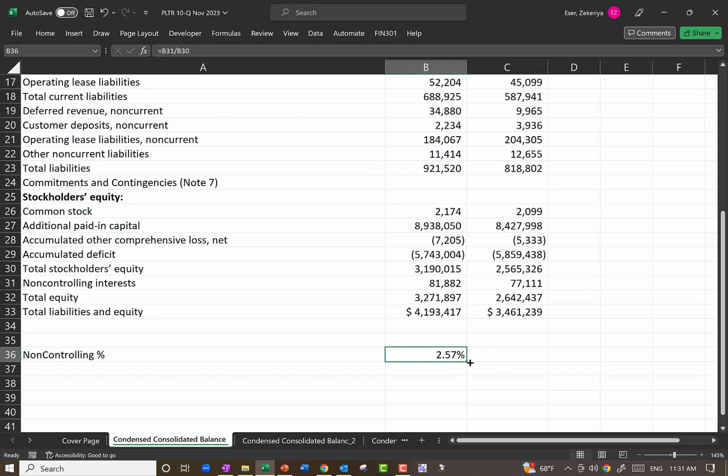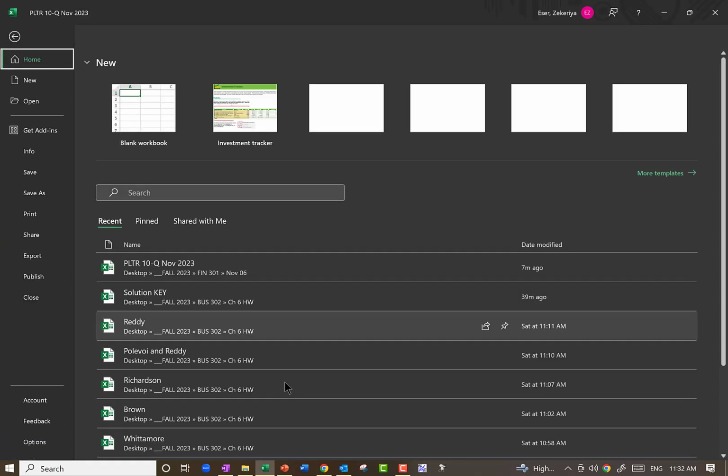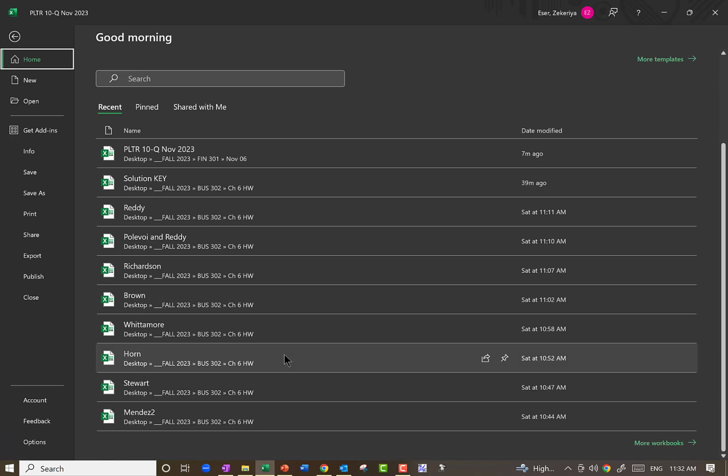And the reason you would need that number, if you guys remember our calculation of enterprise value, we calculated it as market value of the company plus total liabilities minus cash-like assets. But let me actually open that file. Let me see.